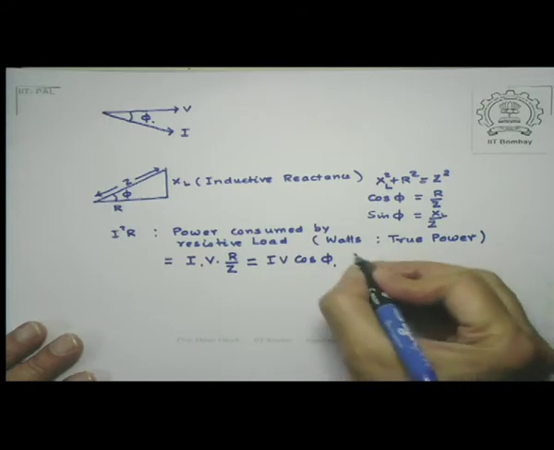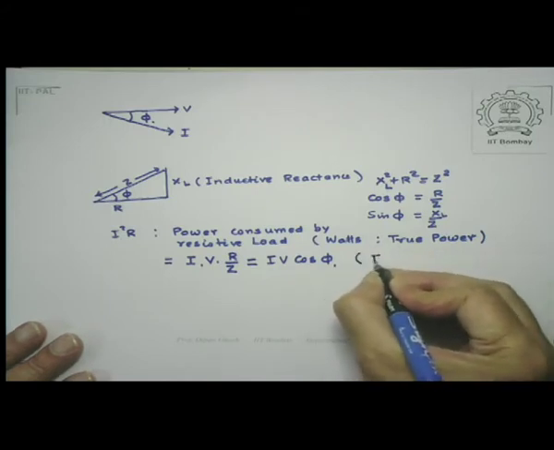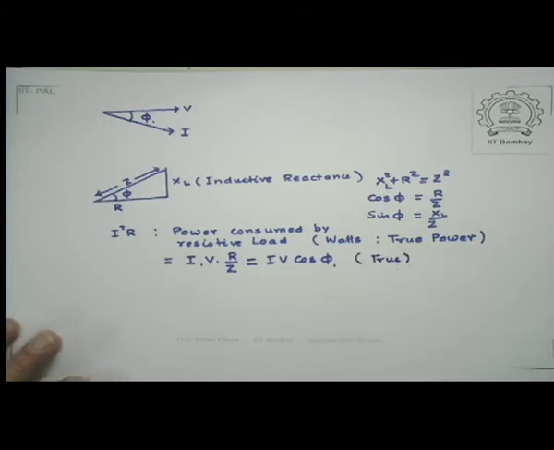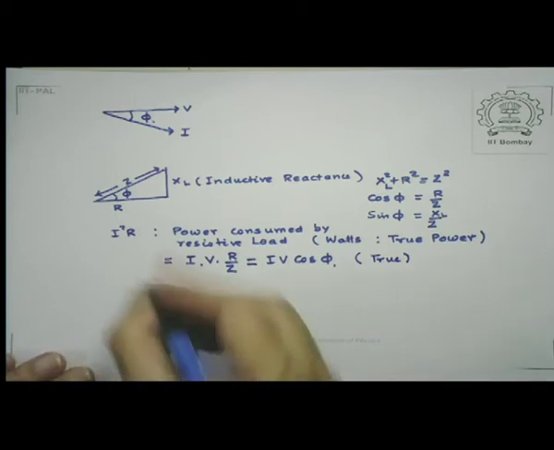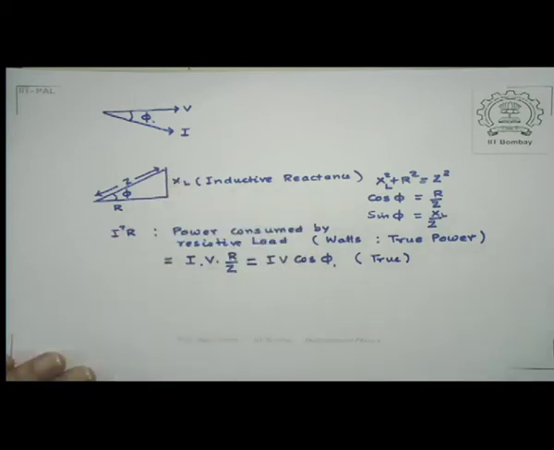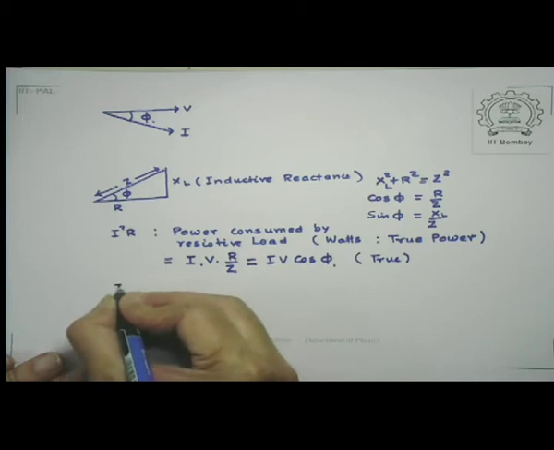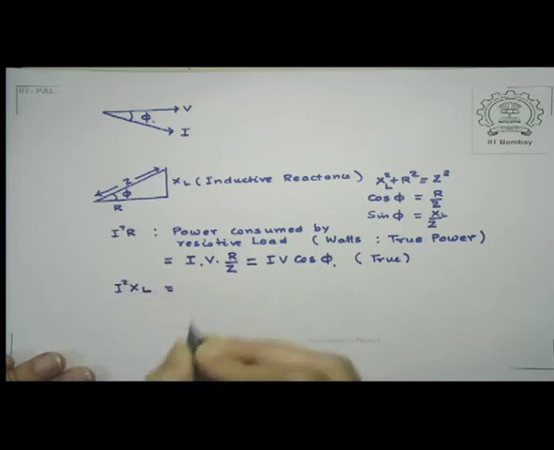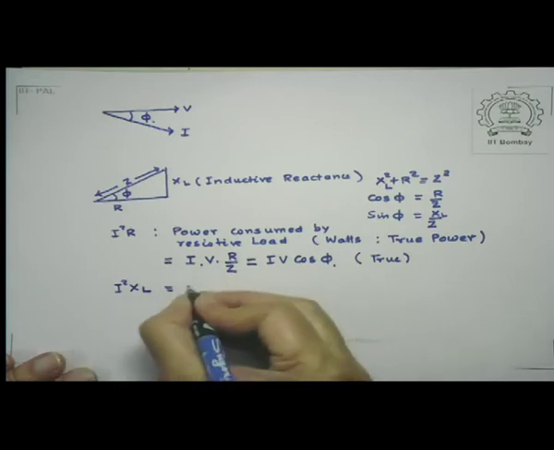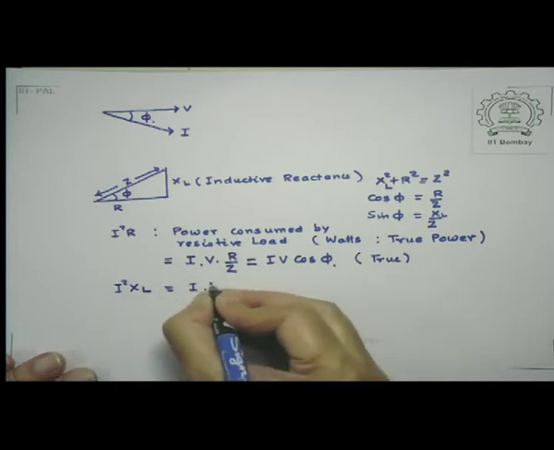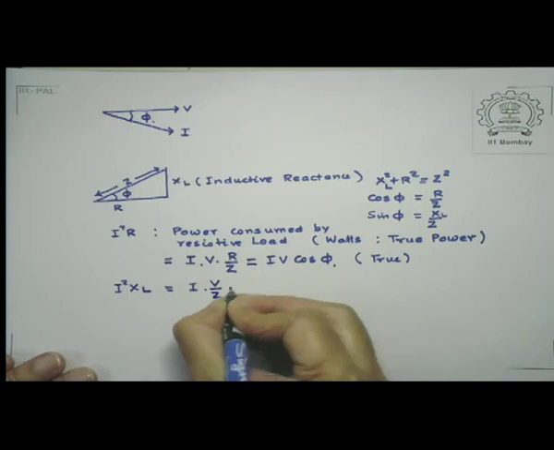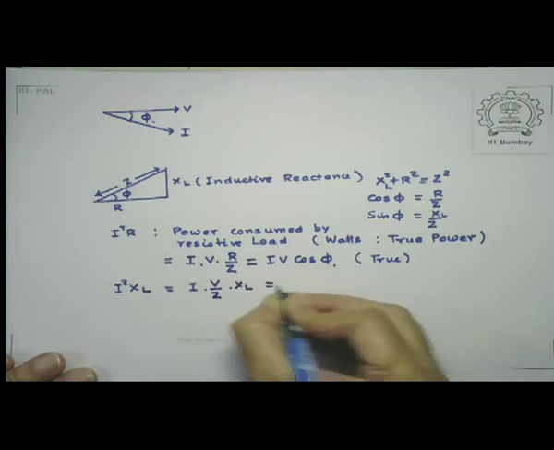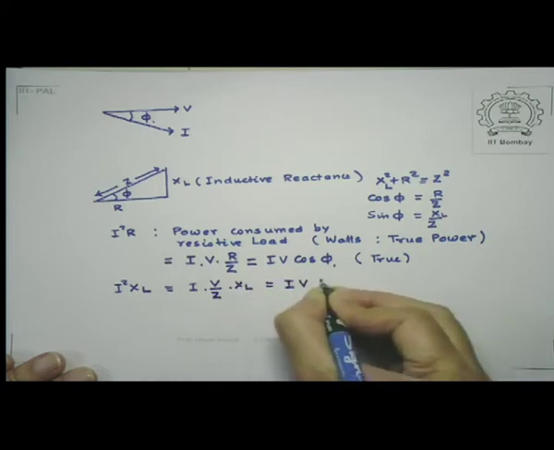And we have said that this is true. And if you look at the corresponding reactive component, this is given by I square XL, and that's equal to I times V divided by Z times XL, and that's equal to I times V times sine of phi.